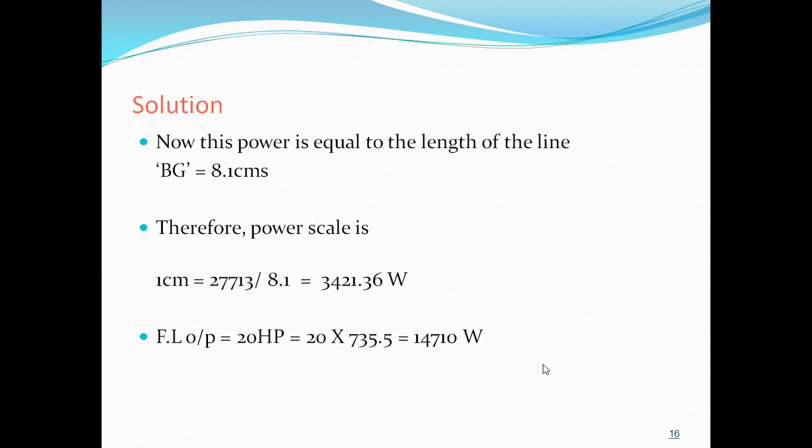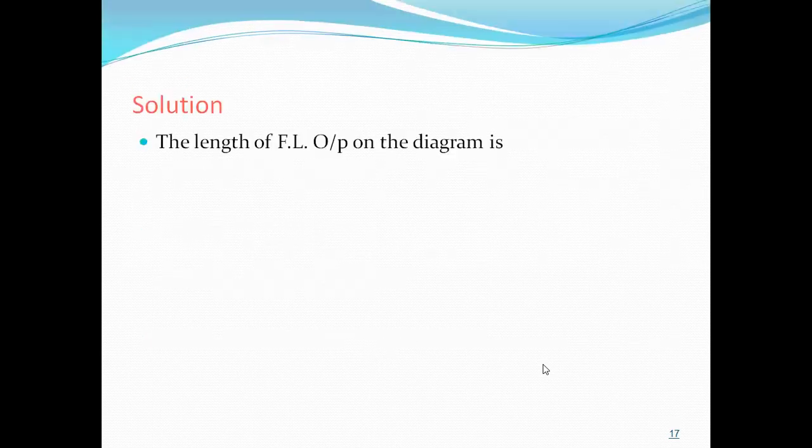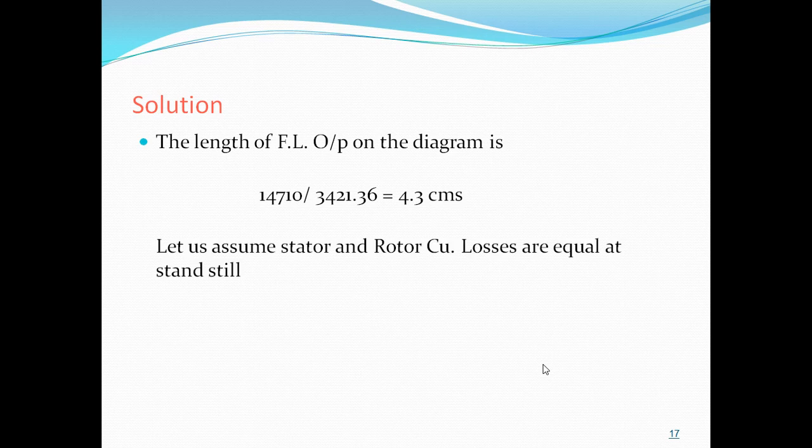After calculating the power scale, we have to find out the total output. So from this, the length of full load output on the diagram is 14,710 by 3,421, that is 4.3 centimeters.